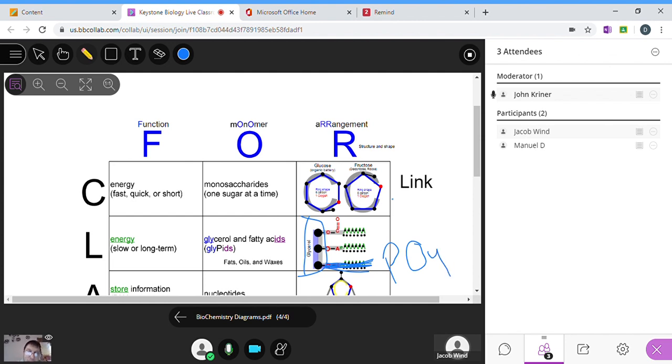That's a phosphate group. Now, if you do that, what you have now is a phospholipid, and that's what makes the cell membranes. If you have 3 fatty acids attached to glycerol, it's called a triglyceride. And if you have 2 fatty acids and a phosphate group, it's a phospholipid.